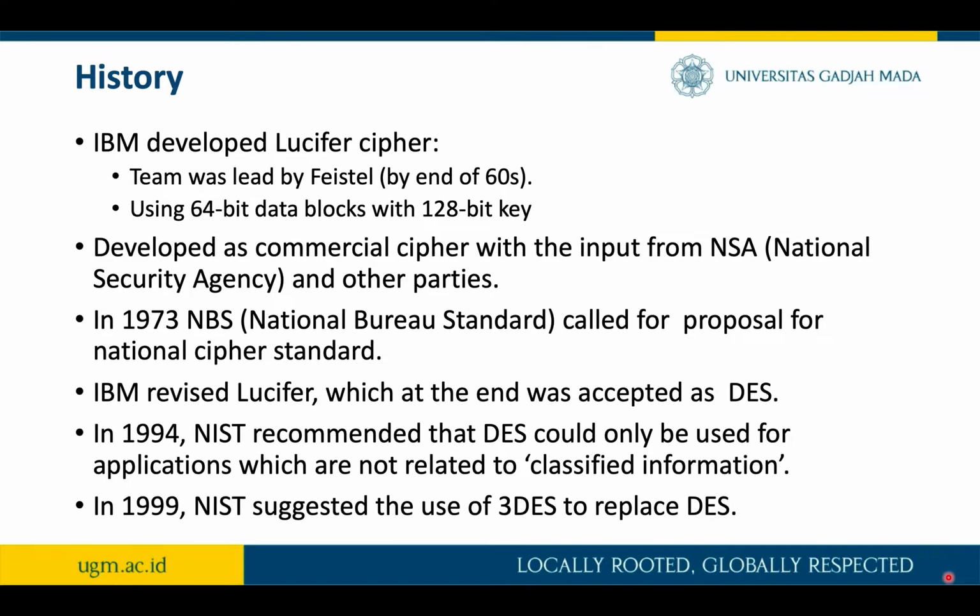But since it is quite old, it is not used anymore. Actually, in 1994, NIST already recommended that DES could not be used for encryption of data related to classified information.